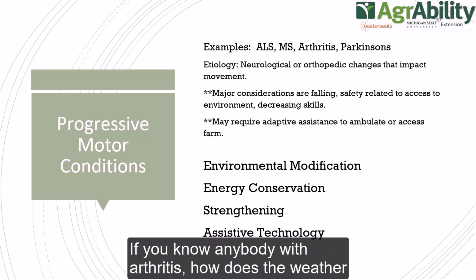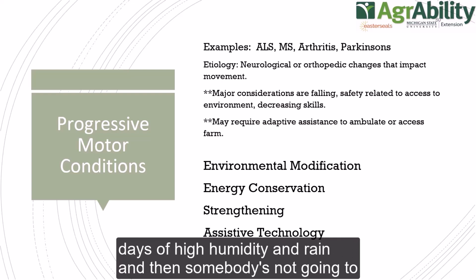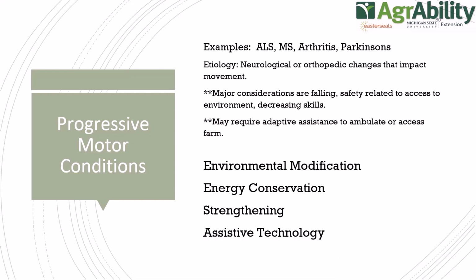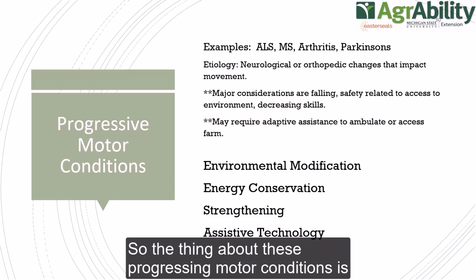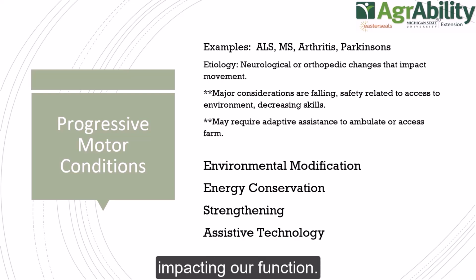If you know anybody with arthritis, how does the weather affect them, right? If you've had 4 days of high humidity and rain, somebody's not going to function as well as they did. So the thing about these progressing motor conditions is we're losing strength. We're losing coordination, and that's impacting our function.